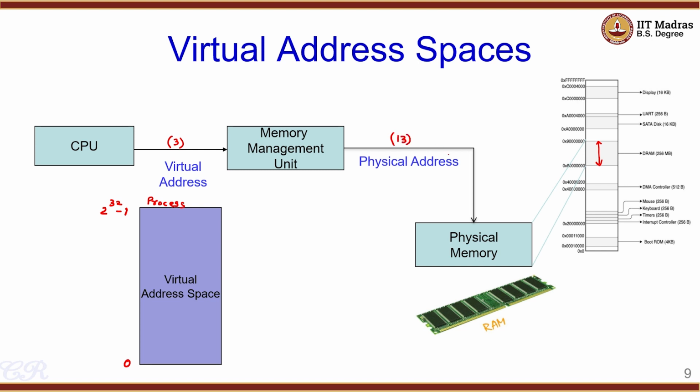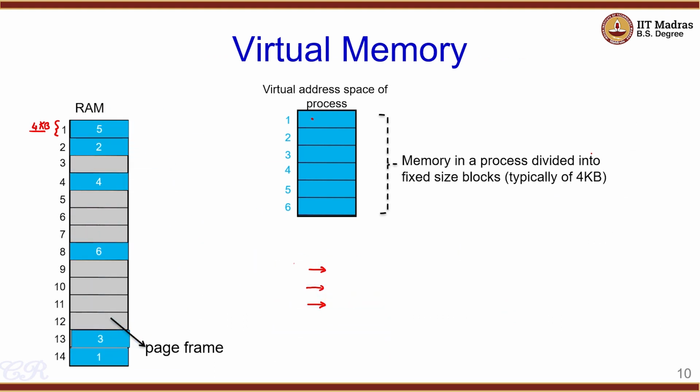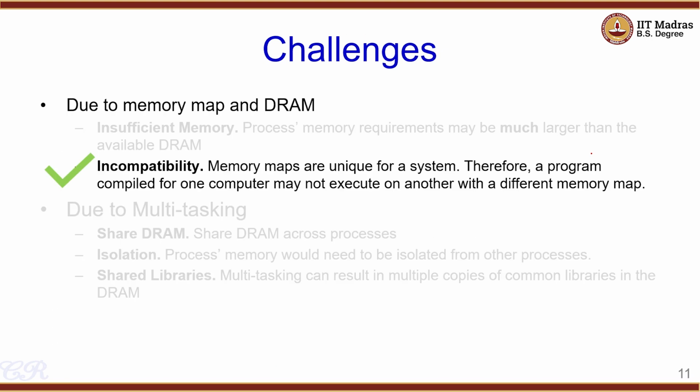Using this, the physical address gets created. Page frame 13 is within this DRAM, and therefore the data or code can then be accessed.